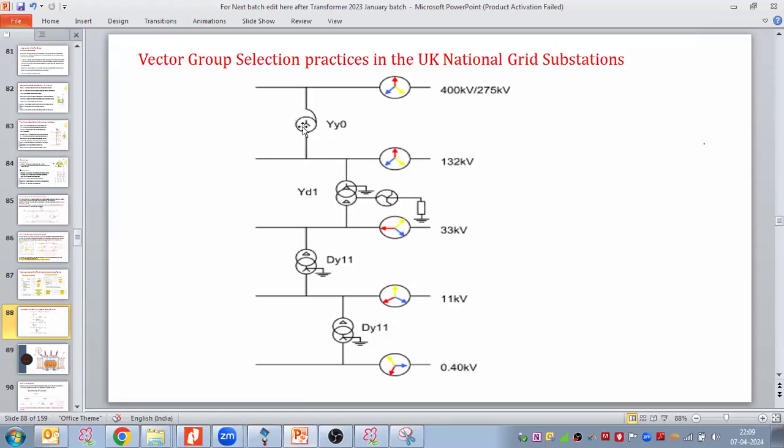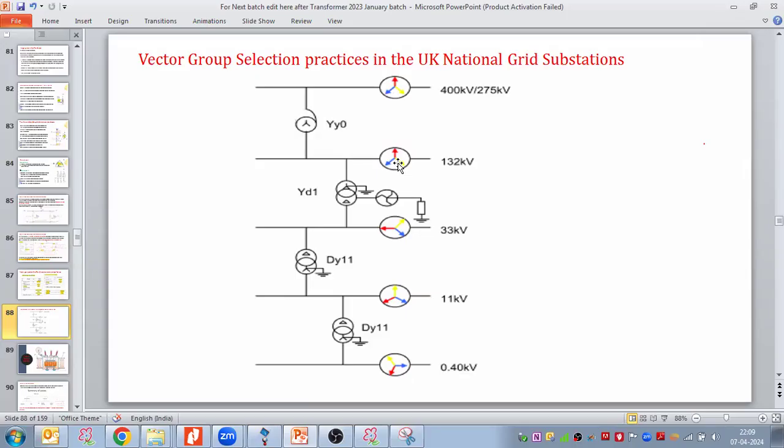Both sides they are taking the star, so there is no phase shift. This RYB and this RYB, the phase displacement is 0 here.